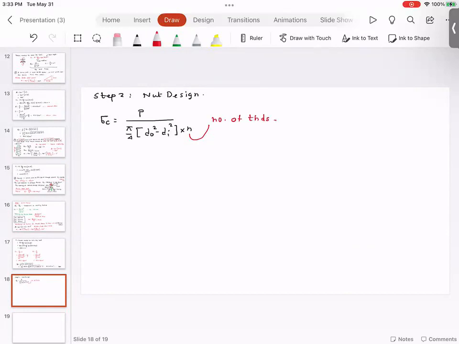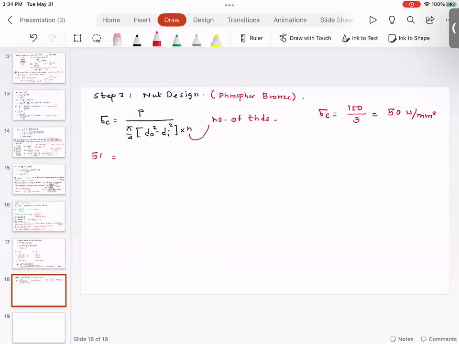So sigma C, I'm going to assume this is for phosphor bronze because nut. So sigma C is equal to 150 for phosphor bronze divided by a factor of safety.